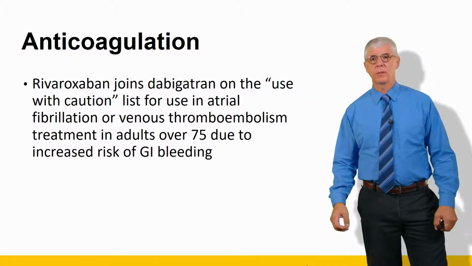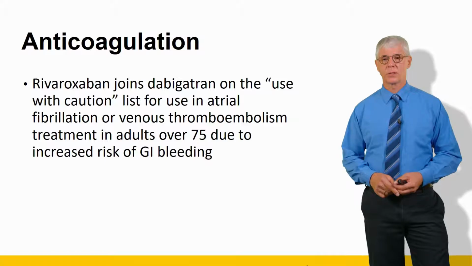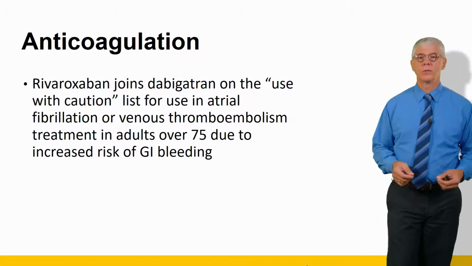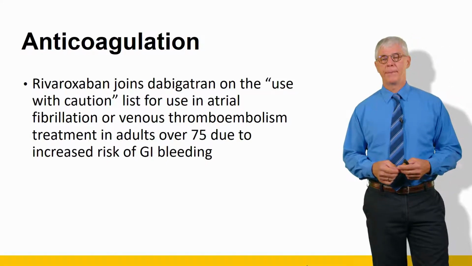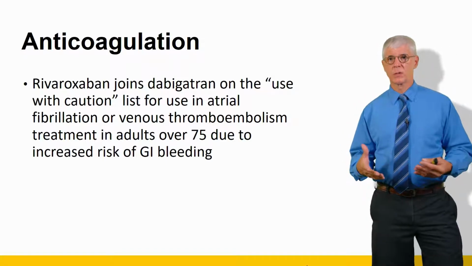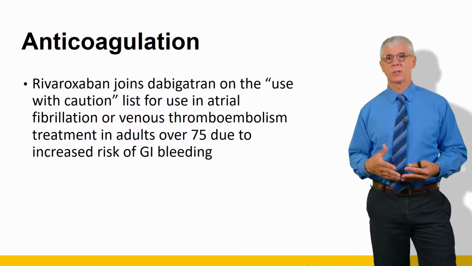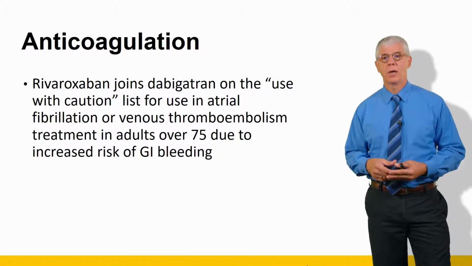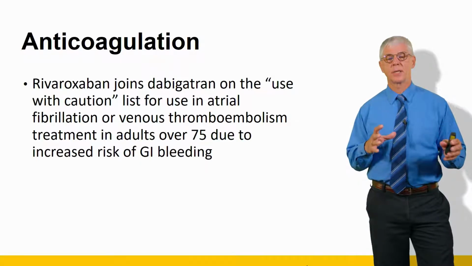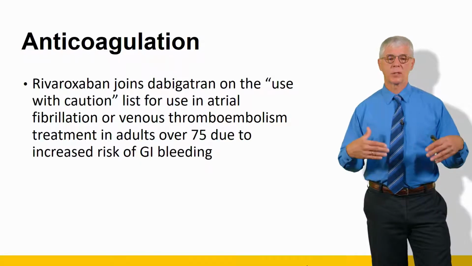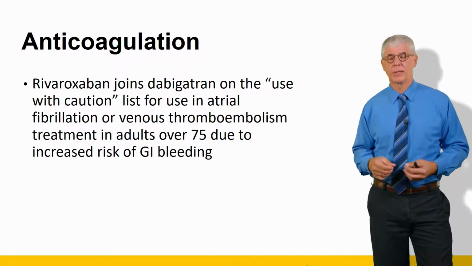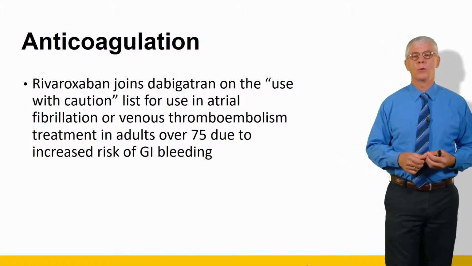Anticoagulation has been a big topic since the advent of what we call the DOACs, the new non-warfarin anticoagulants. Many of them have been on different lists. They've been on the caution list, so rivaroxaban now joins dabigatran on the use with caution list. Remember, that's the list for drugs that we're still learning about and maybe finding some potential issues with in certain older adults.